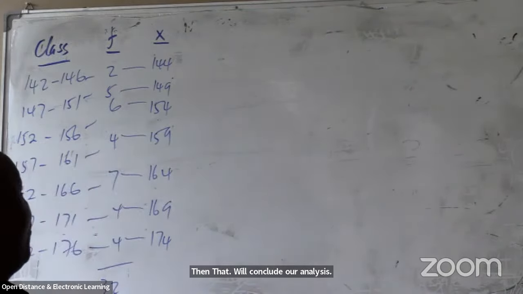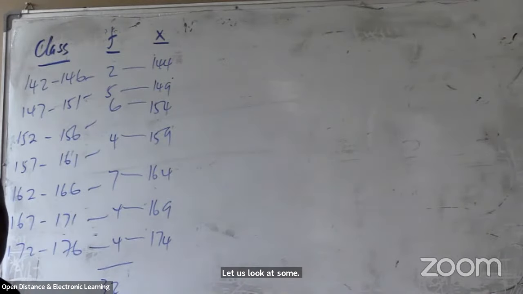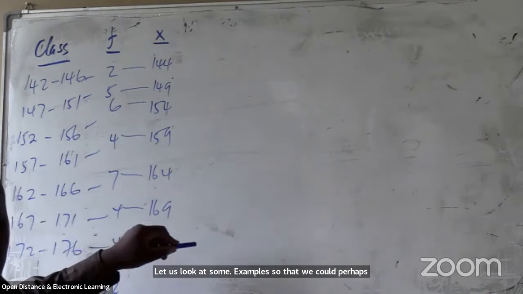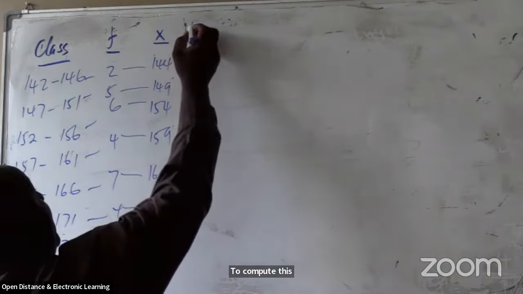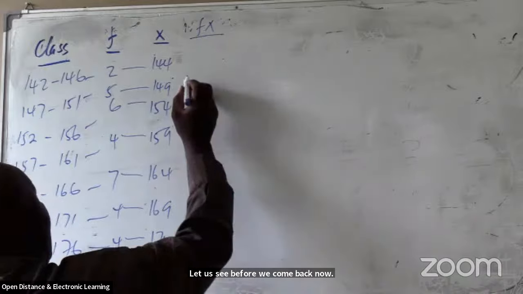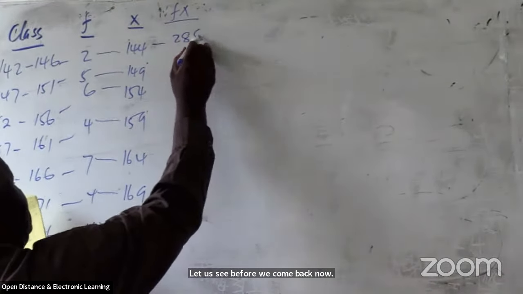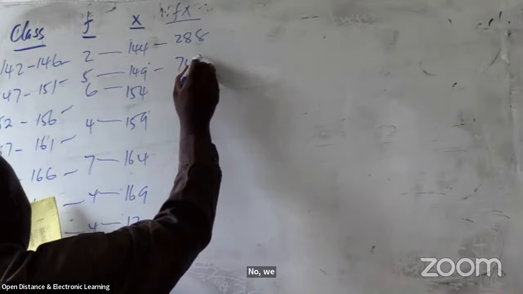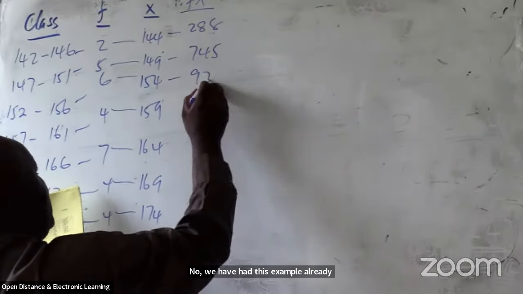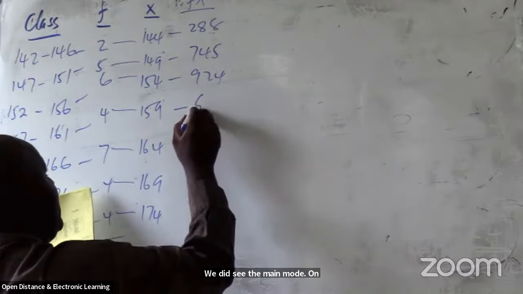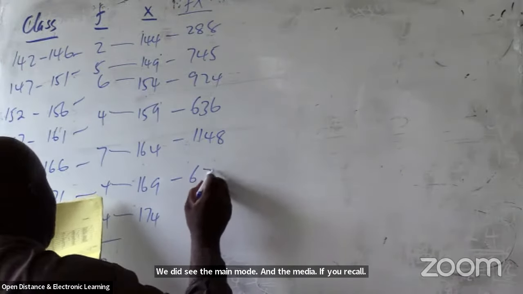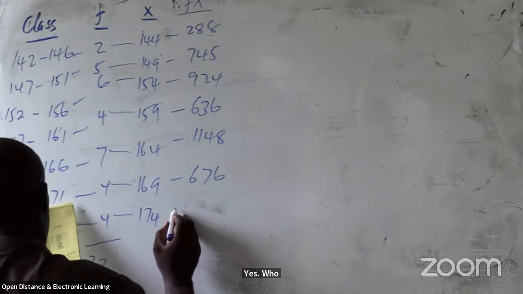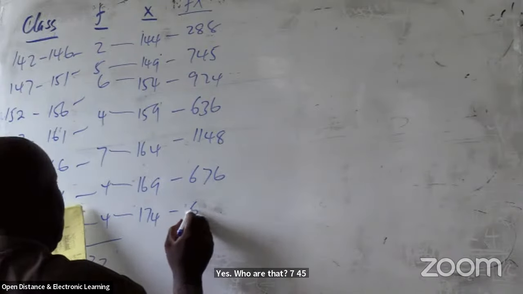Now, we have had this example already. We did see the mean, mode, and median. If you recall, for the mean, we had fx as 288, 745, 924, 636, 1148, 676, 696.